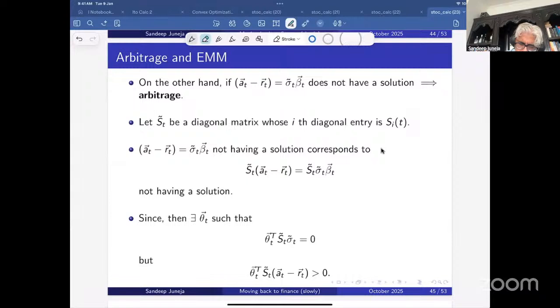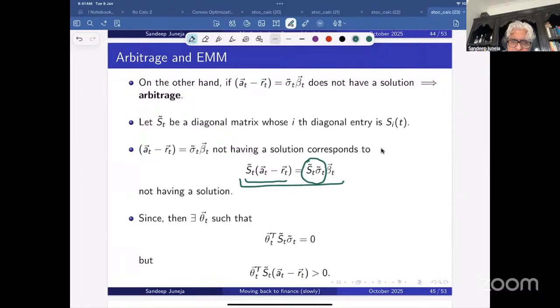Okay. So I'm going to assume that this guy does not have a solution, which is what I just showed you. S tilde t is our diagonal matrix on both sides, right? For it not to have a solution means that this vector does not lie in the span of the columns of this guy, because I'm looking at all the beta t combined in these columns.